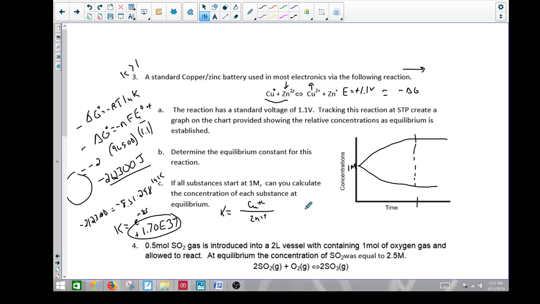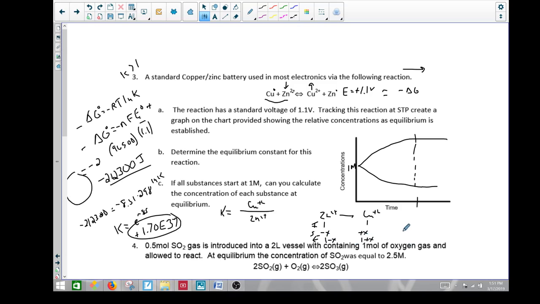Let's write out the whole equation, get some room here. I'm just going to write the zinc side here. Zinc 2 plus goes to copper plus 2. Initial, stoichiometric ratio, end. The initial concentrations are 1, then minus x, plus x. And then this is going to be 1 minus x and 1 plus x.